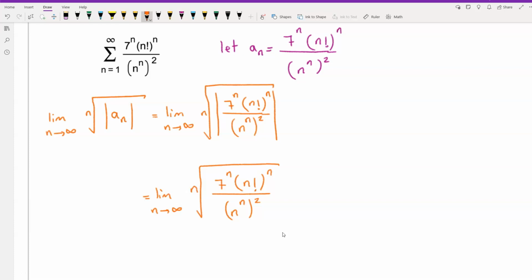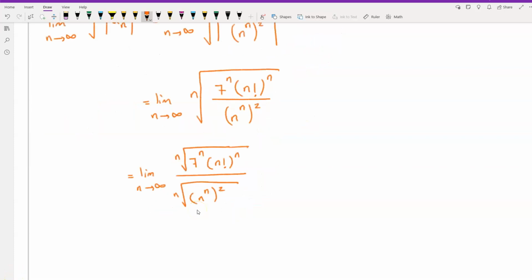Here on this part I don't need the absolute value because what we have inside is always positive. So rewriting that without using absolute value because it is positive. And now simplify.